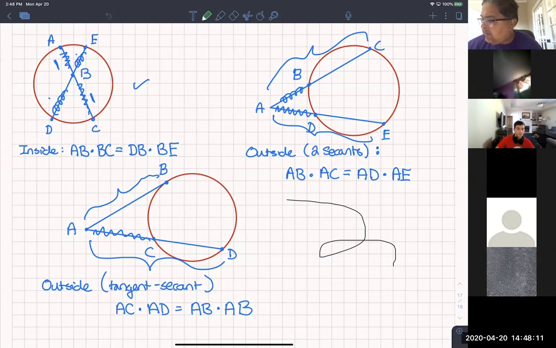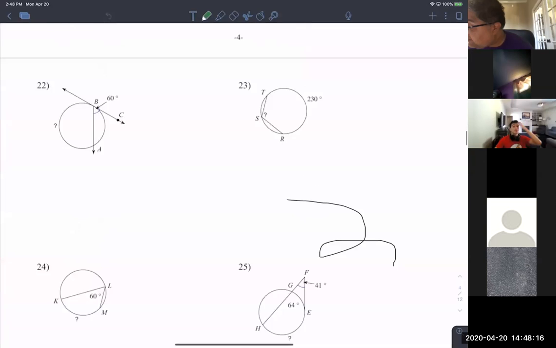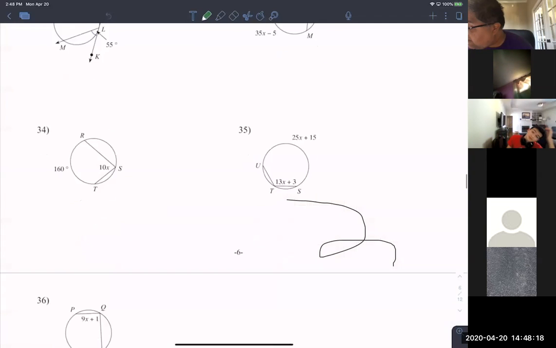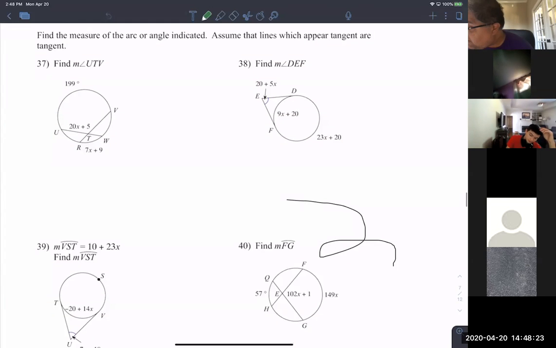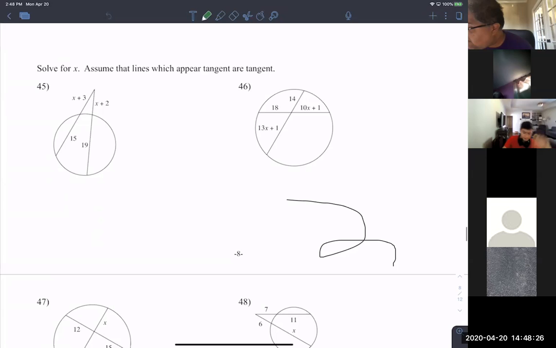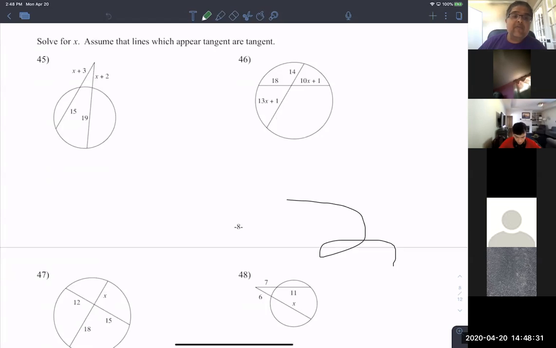Now, let's look at a couple of problems. So let's look at number 45. Number 45 says, this piece is x plus 3, this piece is 15, this is x plus 2, and this piece is 19.